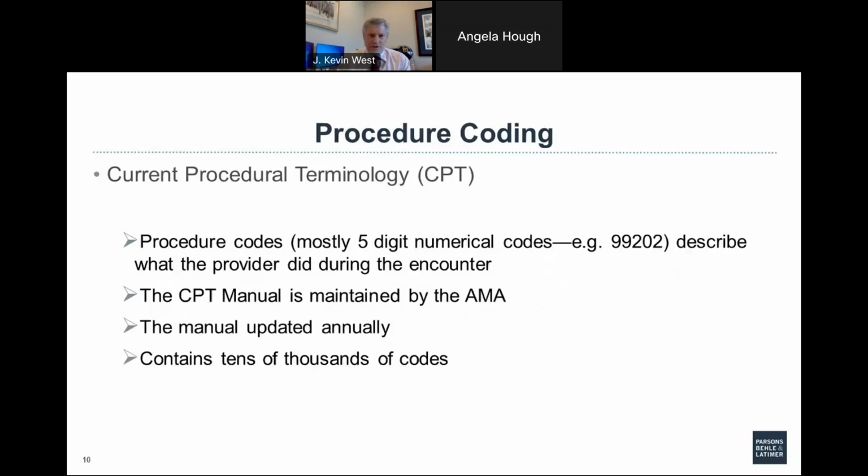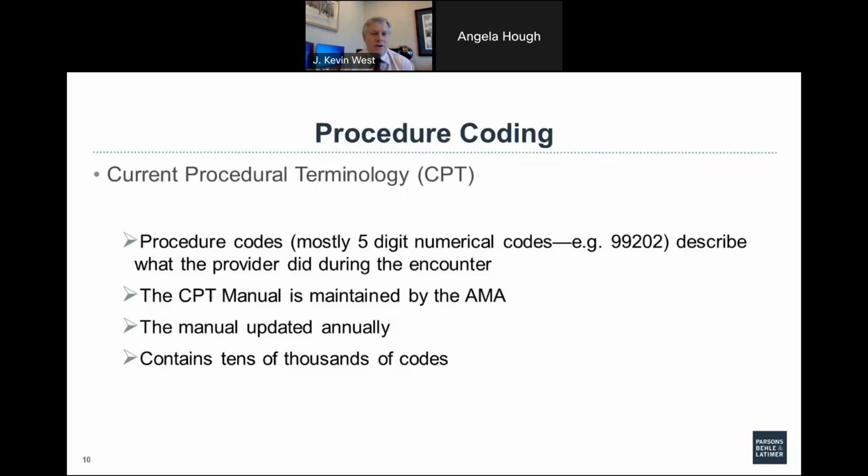After diagnosis coding, there is also yet another system and another manual of codes that are procedure codes, and these are in a manual called the CPT manual, the Current Procedural Terminology Manual. These procedure codes are mostly 5-digit numerical codes such as 99202 describing a new patient office visit.